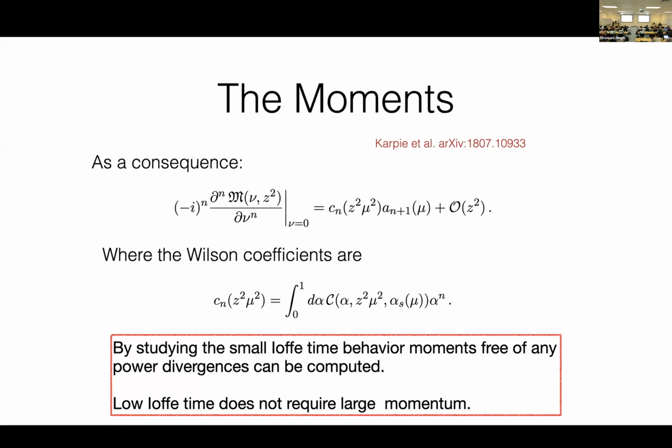And in order to do that, I don't even need a high momentum. The nu can be small, so I can have a small value of z and a small value of p, and I will get a small nu. All I need is the small nu behavior of this matrix element in order to obtain the moments.